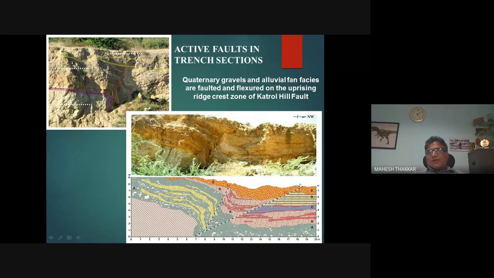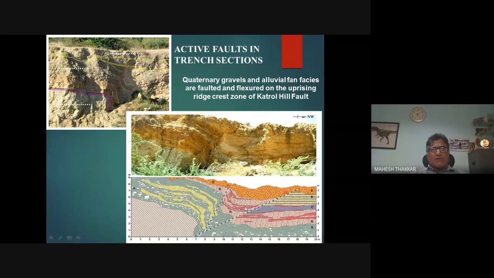They are cut by two faults, F1 and F2, exactly sitting on the Control Hill Fault. If you go down, this is the Jhuran formation, and on the right side down is the Bhuj formation. So exactly this line is the Control Hill Fault, over which this fault is reactivating and propagating into the quaternary.